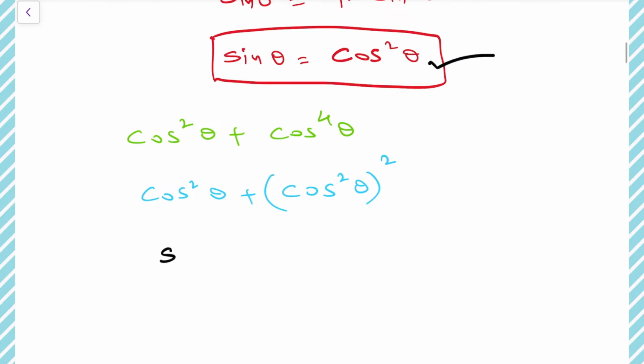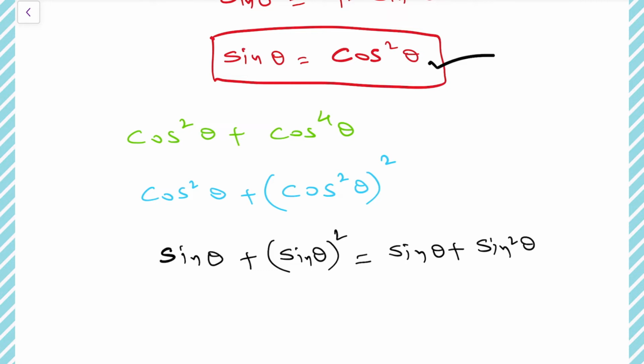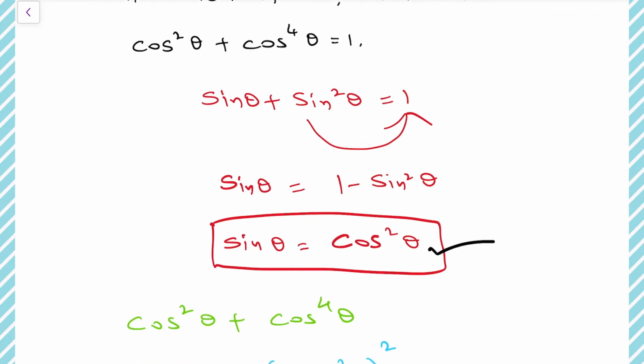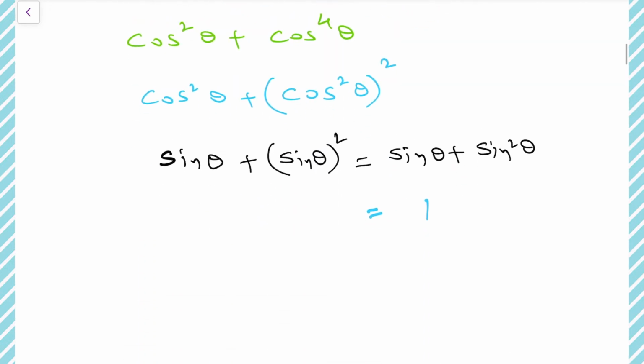So I am replacing this cos square theta with sin theta, plus again cos square theta is there, so that is sin theta whole square. So this equals sin theta plus sin square theta. Sin theta plus sin square theta value is 1, which is given in the question itself. Hence proved that cos square theta plus cos power 4 theta equals 1.